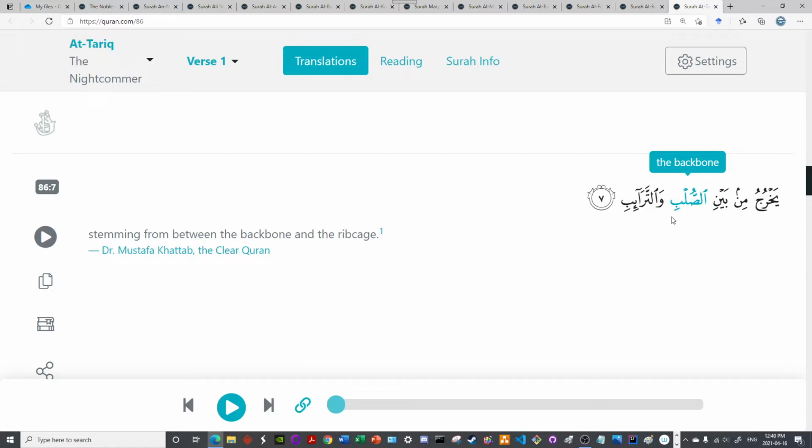The extra additions are semen, but it's still the same. There is no need to be pedantic here. Embryologically, the testes are formed above the kidneys, just below, between the rib cage and the backbone.